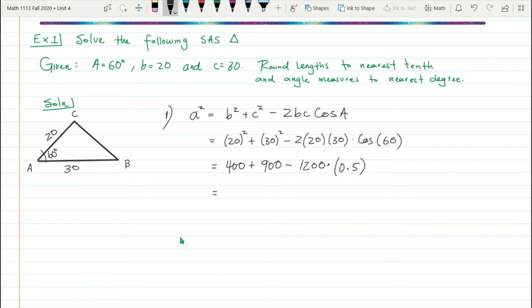And 1300 minus half of 1200, which is 600, goes down to 700. But then keep in mind that this is all equal to a squared. Once I find a, I'm going to get plus or minus the square root of 700. And I'm going to take the positive value. And this is going to be roughly 26.5.